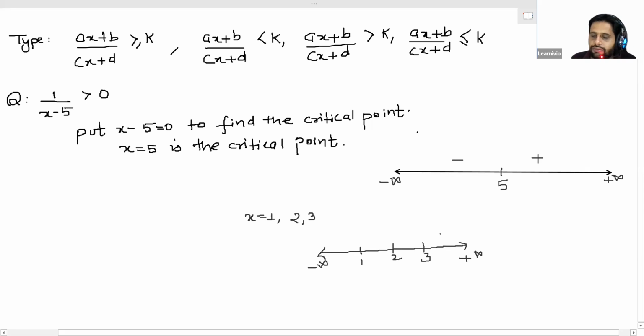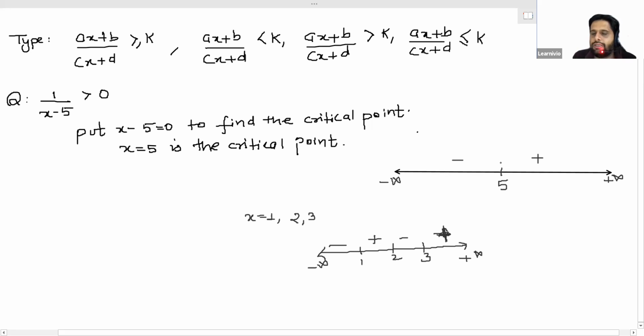To the extreme rightmost side we have a positive, then moving left negative, then positive, then negative. So whatever critical points you get, you plot them, and from the extreme right you alternate positive, negative, positive, negative, and so on. Now in this question we have just a single number.